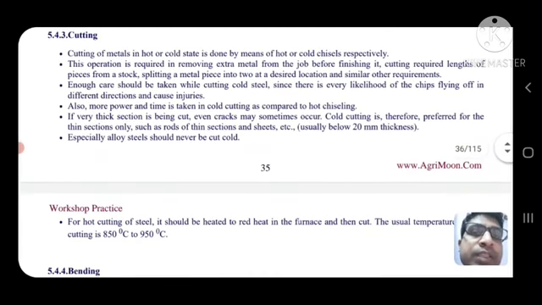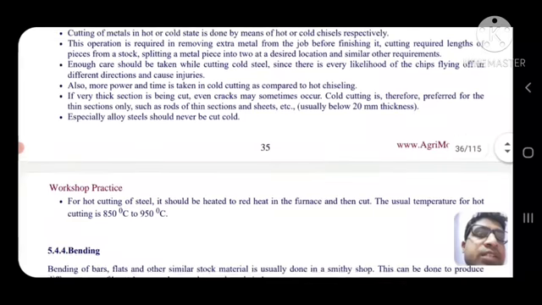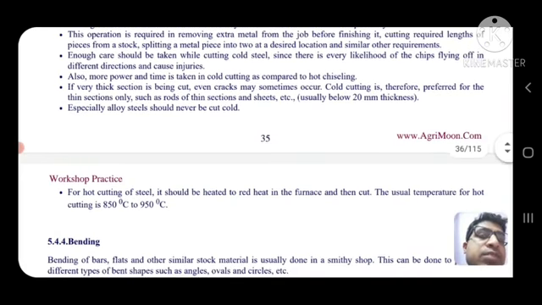Cutting. Cutting of metal in hot or cold state is done by means of a hot or cold chisel respectively. This operation is required in removing extra metal from the job before finishing it, cutting required length of pieces from a stock, splitting a metal piece into two at a desired location, and other similar requirements.